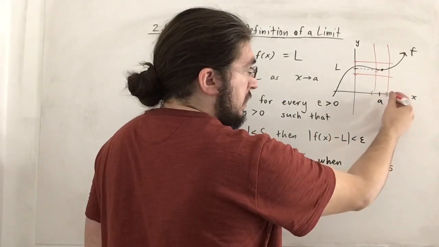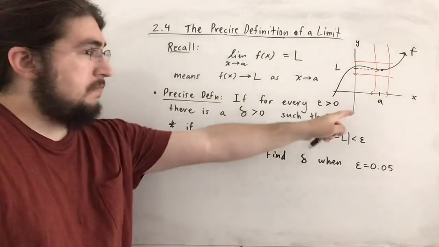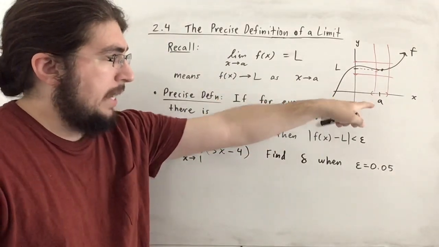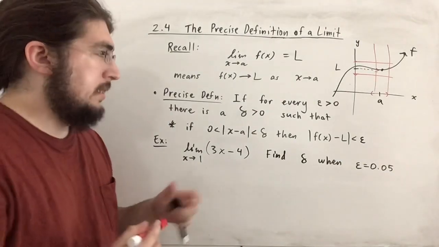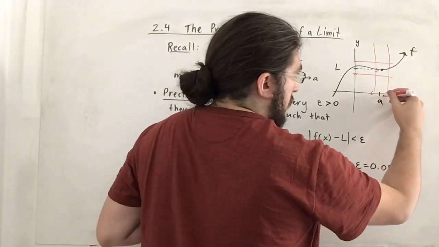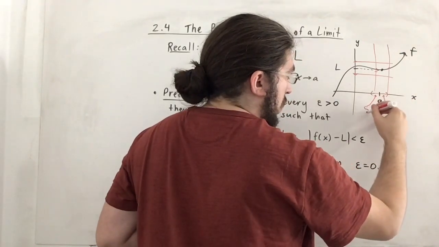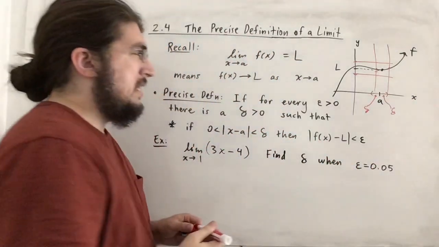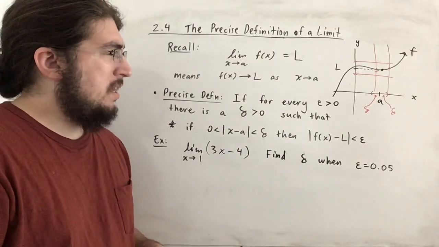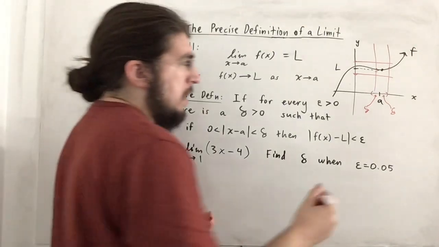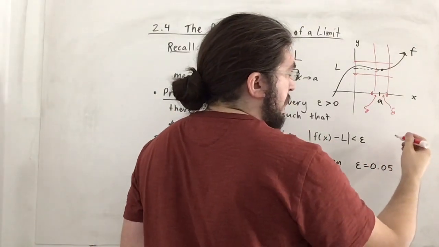Now this distance that we go about as far as being surrounded by a is called delta. So this is kind of like the radius about a, which I know again sounds a little funny, but remember we're picking a number x that's close to a.